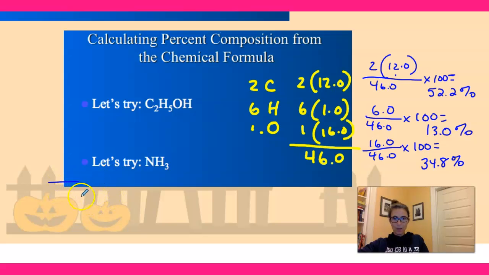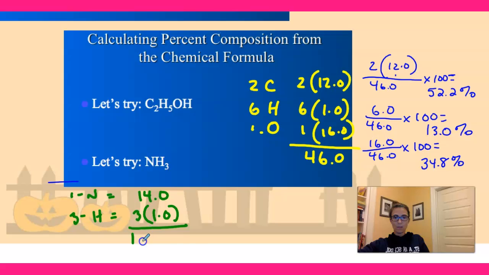Now we're going to try NH3. We're going to do the same thing. We're going to calculate the molar mass. So I have 1 nitrogen, which is 1 times 14. And then I have 3 hydrogens, which is 3 times 1.